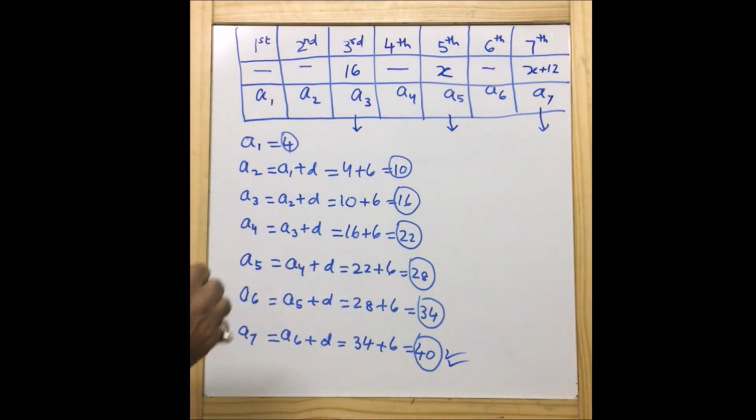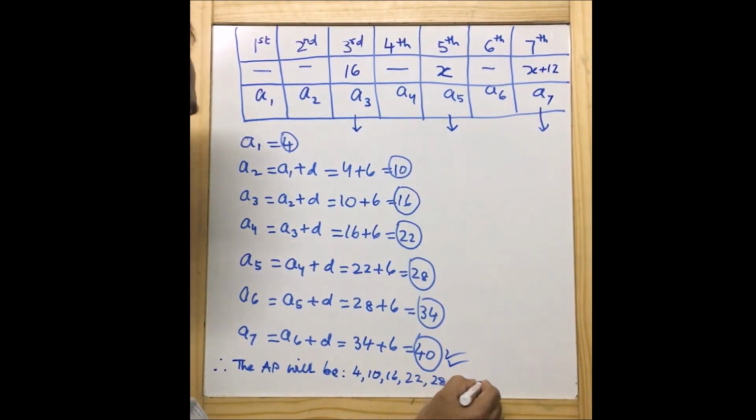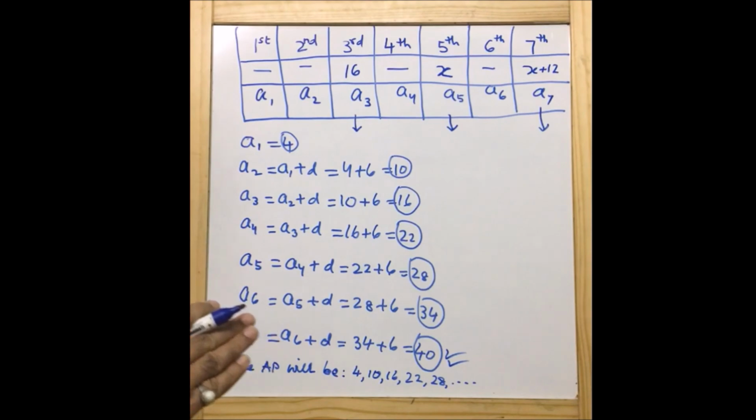Therefore the arithmetic progression, the AP, will be 4, 10, 16, 22, 28 and so on. Hope guys you understood this calculation.